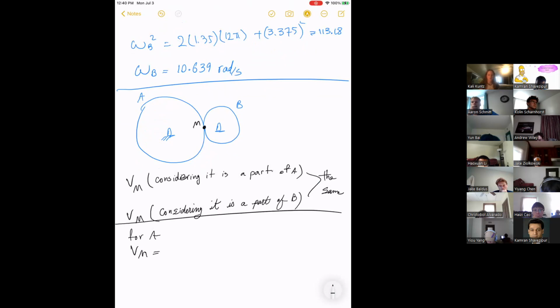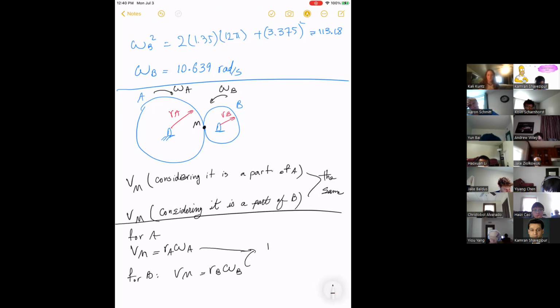If that's the case, Vm for A, let's say this goes this way, omega A, and this has to go the other way, omega B. And let's say this is RA and this is RB. Vm, rotating about a fixed point on a circular path, is simply RA omega A. For B, Vm is RB omega B. And these two have to be the same.